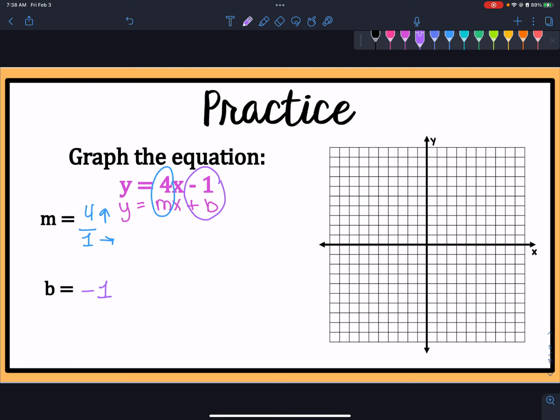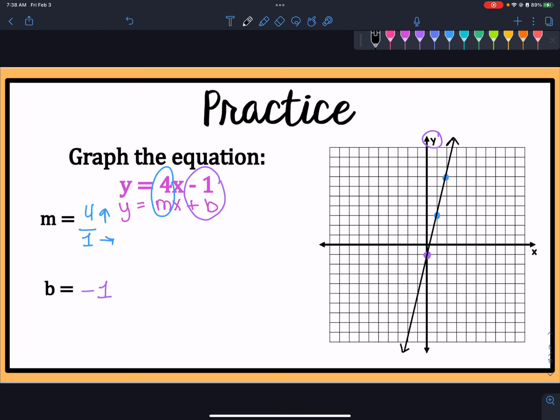So I'm going to find my y-axis, which is my vertical line, and I'm going to plot a point at -1, which is right down here. From this point, I'm going to go up 1, 2, 3, 4, and right 1. Up 1, 2, 3, 4, right 1. And again, connect with a line. And there we go.